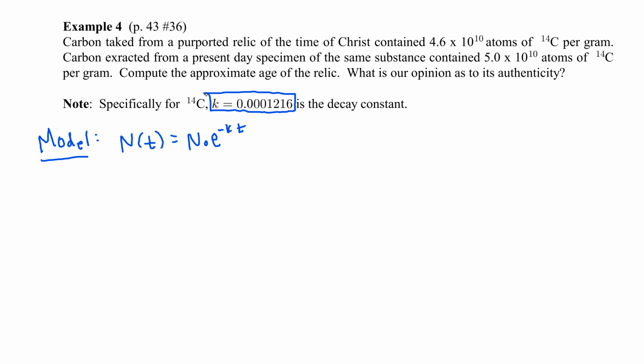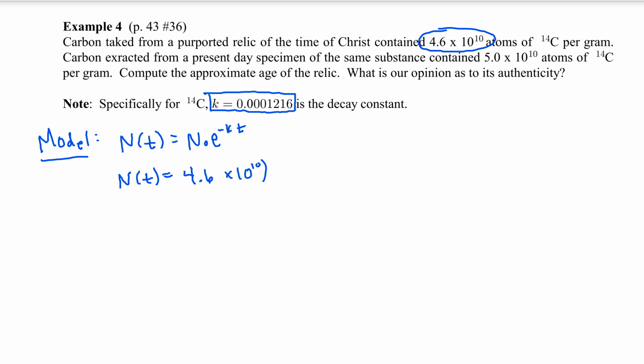So we'll be able to go ahead and plug that in for K. So what we want to do is update our model to match the specifics of this problem. Remember, N naught is the initial amount that a substance contains. In this case, this substance had 4.6 times 10 to the 10th atoms of carbon-14 as its original value.